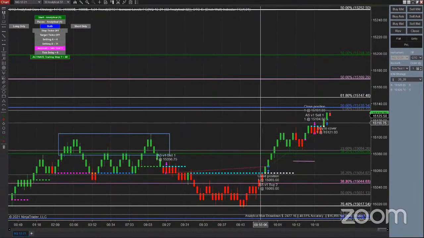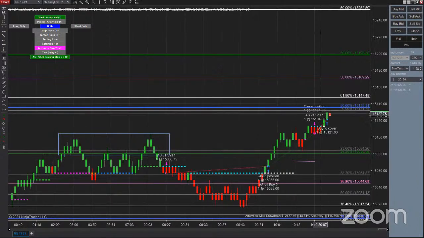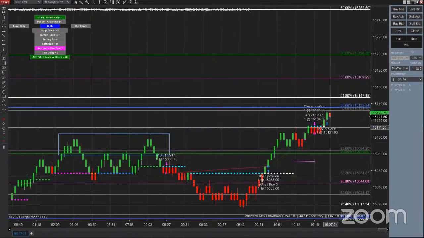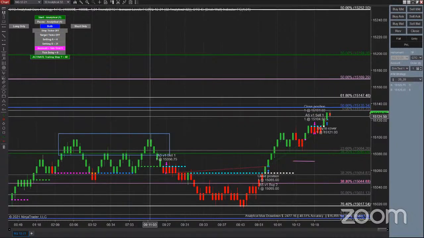So perhaps do what I did there when you've got the support of a Fibonacci level behind you. Using a Fibonacci as a bit of support for the price coming up and down is probably a better idea to approach that manual setup.